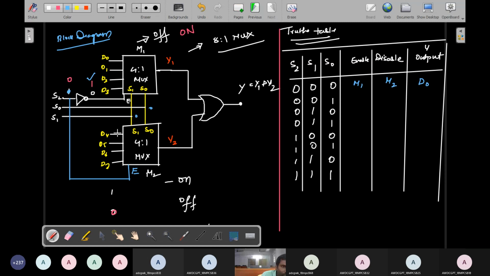Again come to 0 0: S2 is 0, S1 is 0, but S0 is 1. In this situation, this 0, after crossing this NOT gate, will be converted into 1. Only multiplexer M1 is in the on condition, and multiplexer M2 is in the disable condition.